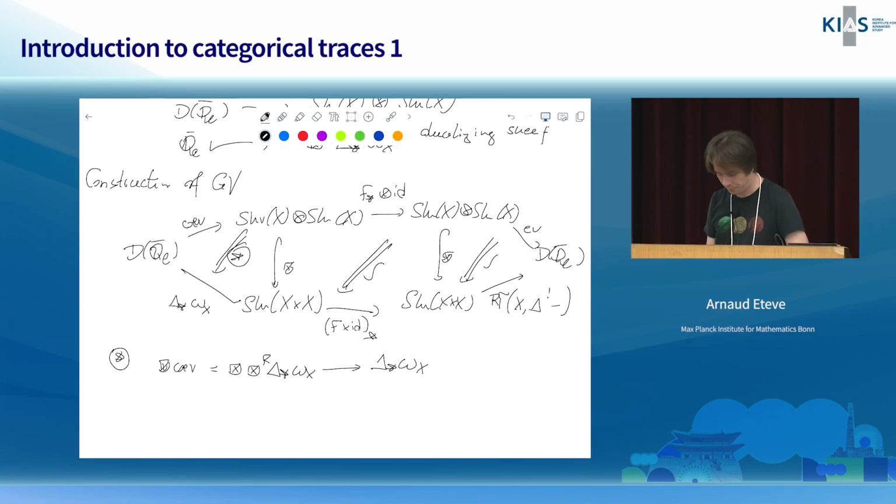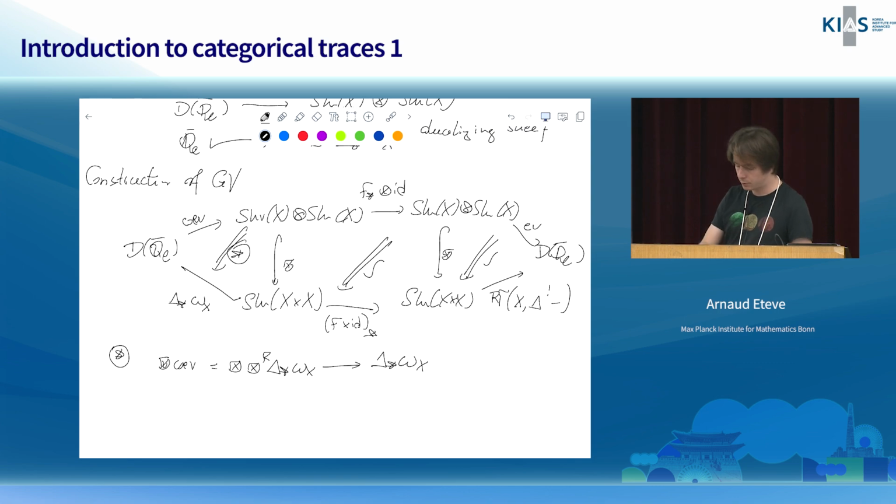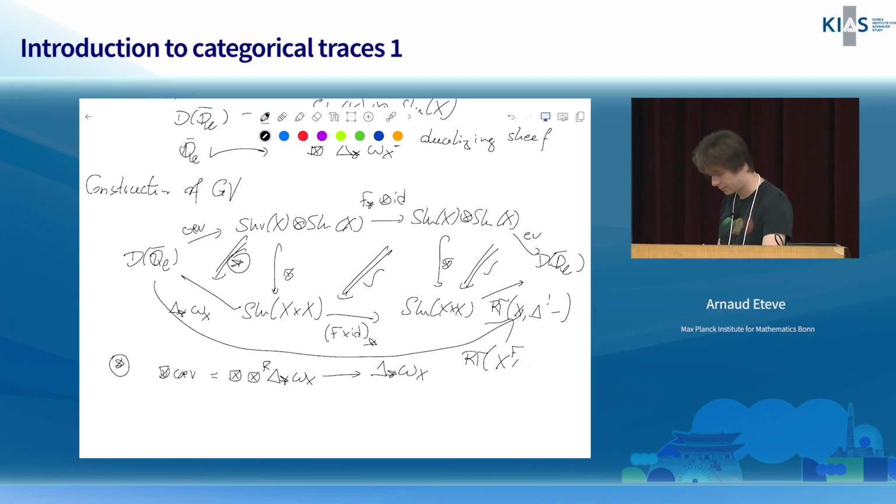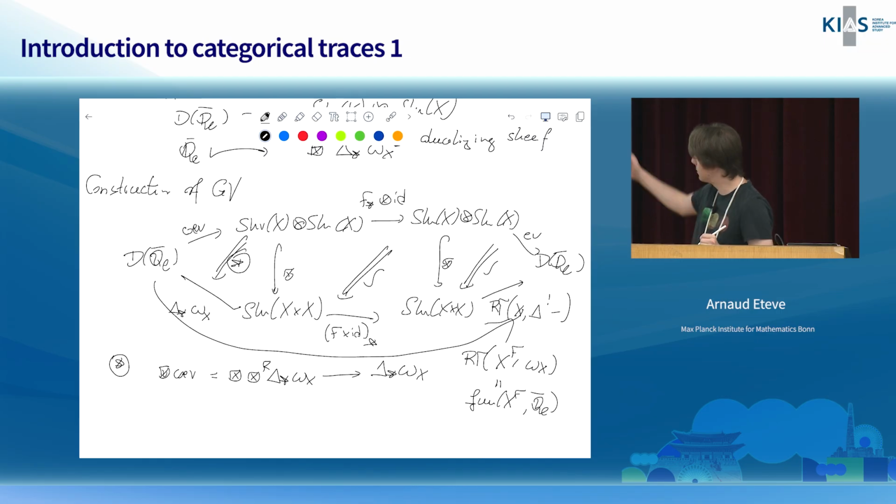And so if you track down what the composition downstairs is, that's given by taking the cohomology of the Frobenius fixed points valued in the dualizing sheaf, and it's just the space of functions on this finite set.